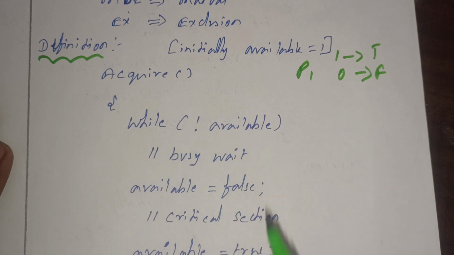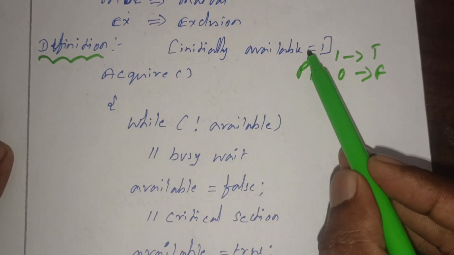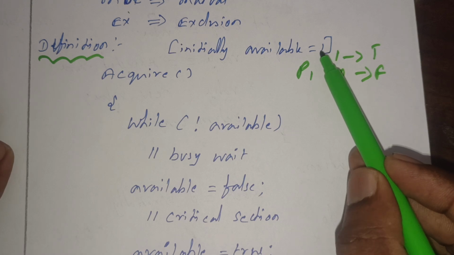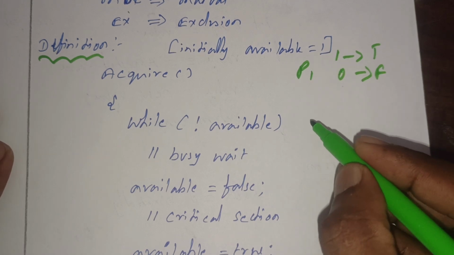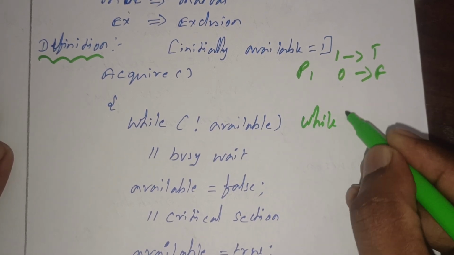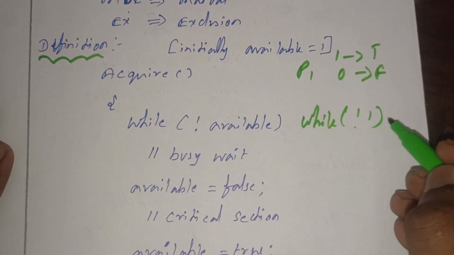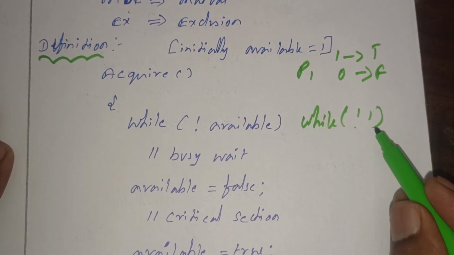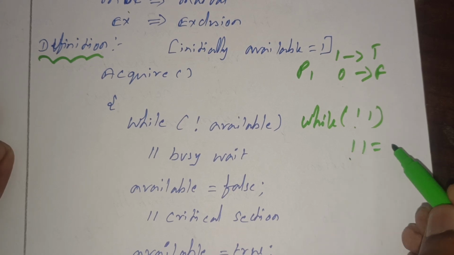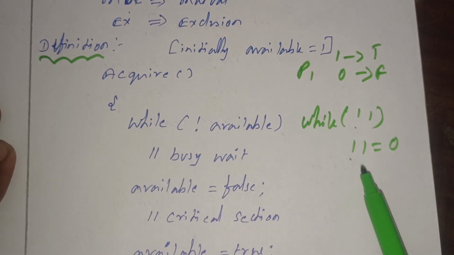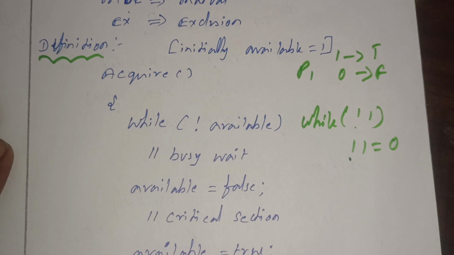Now not of available, let me tell you what is not of available. Initially I told you the available value by default is 1. So what is not of available? For example, while not of available, initially available is 1, that means not of 1 is equal to 0. The opposite value you need to mention, you know very well about this not.